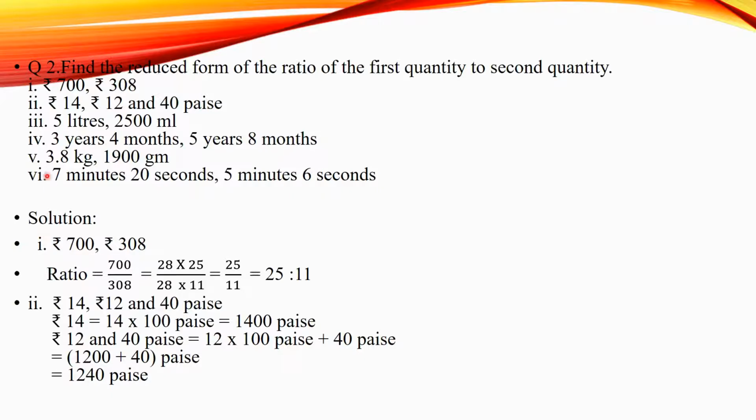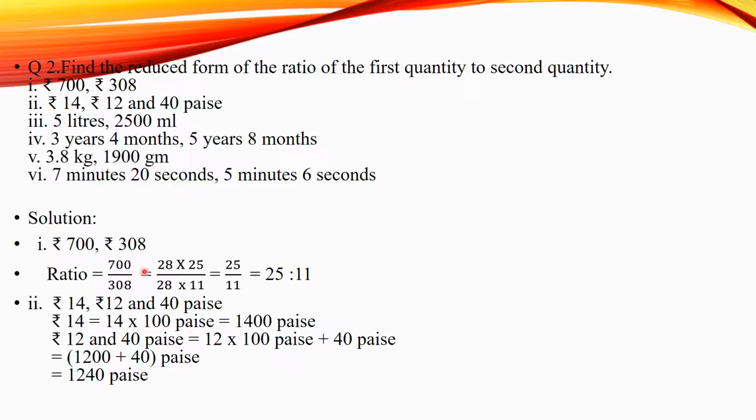Question number 2. Find the reduced form of the ratio of the first quantity to the second quantity. First question, rupees 700, rupees 308. So let us do the solution here. We can write the ratio as 700 upon 308 since it is the first quantity to second quantity.